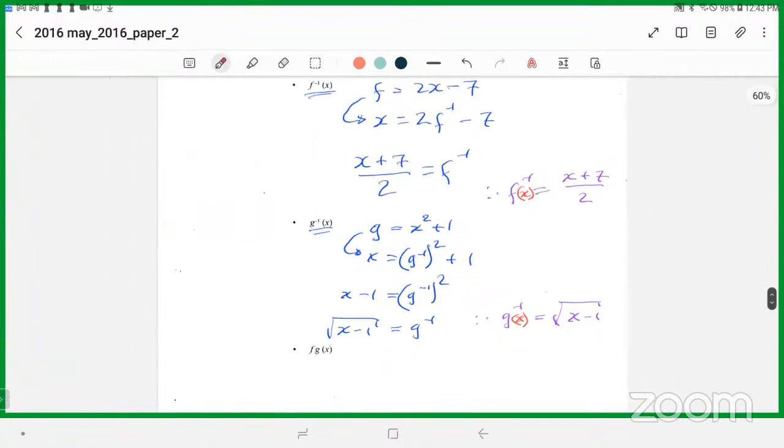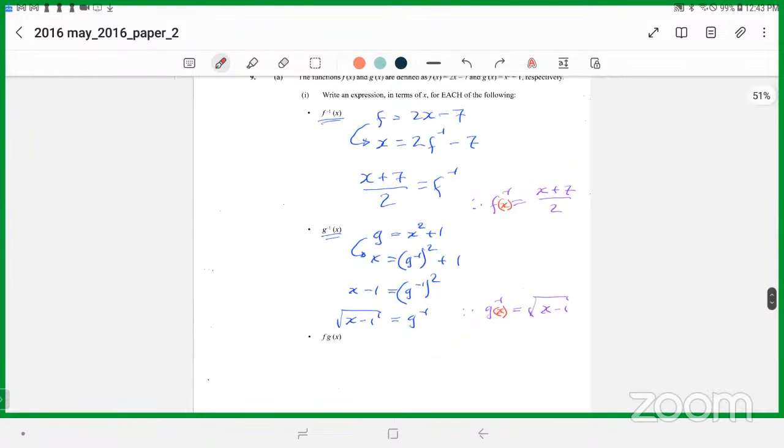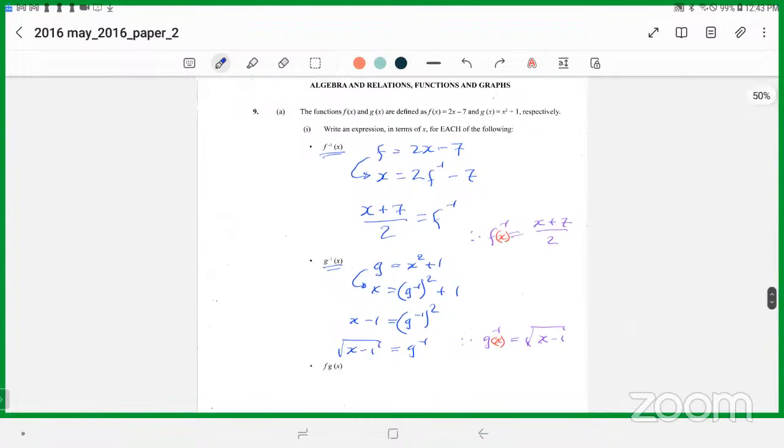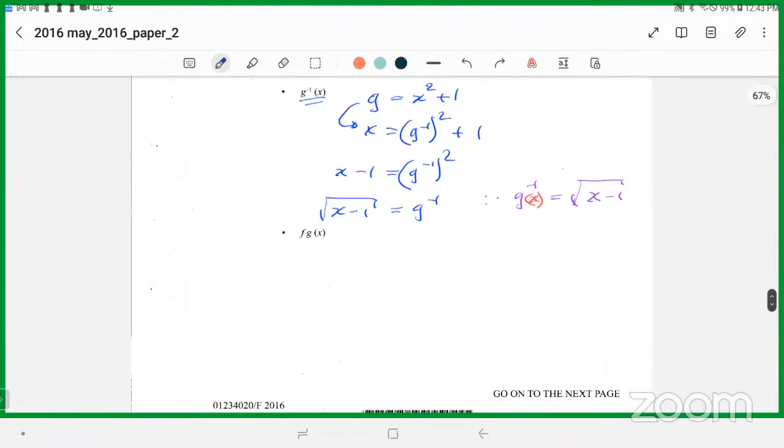All right, so I found 2 of them so far. Then they want f of g of x. So let's write out both of them so we can show how it works. The f of x is 2x minus 7, and the g of x was x squared plus 1.